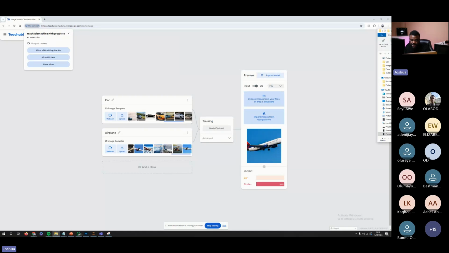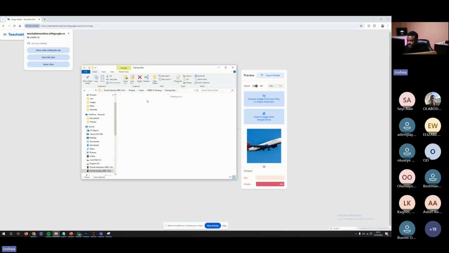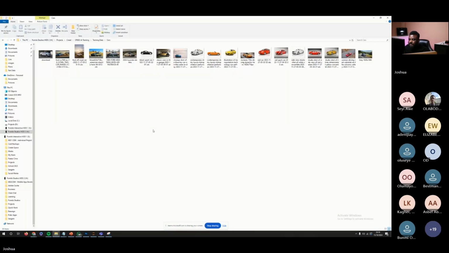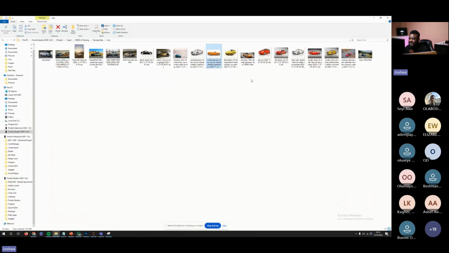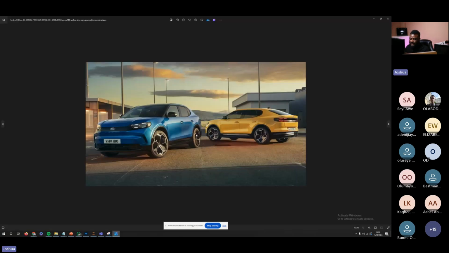Let me prepare that. For the question of how do you select the number of images that are enough to train, it's a very tricky one. The way I would say it is as much as possible. Two images is too few, for the simple reason that if all I've shown my AI are cars facing sideways, and you've trained with two images of cars facing sideways, when it comes across a car that is facing an angle, it will be confused, because its understanding of a car is that a car has to be facing sideways.